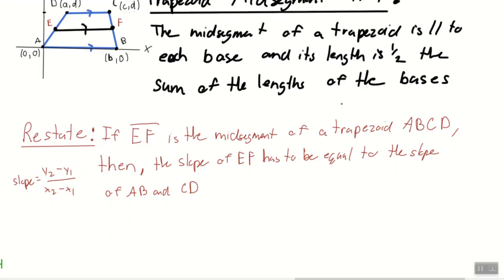We also have its length is 1/2 the sum of the lengths of the bases. So we're also going to have to write that. And how do I find the length? Distance formula. Okay, what's the distance formula? Minus x1.